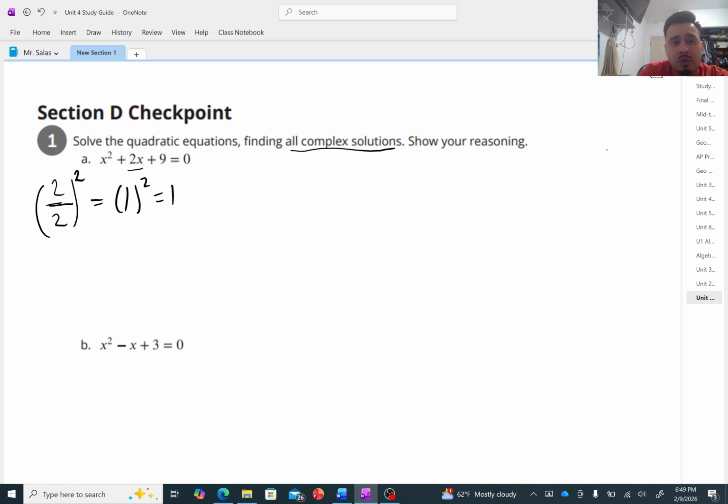So if I'm completing the square, that means I'm going to do 1 minus 9. That's going to give me a negative 8. Now I can take this negative 8 and plug it into my original. So I'm going to do x squared plus 2x plus 9 minus 8 is equal to negative 8.